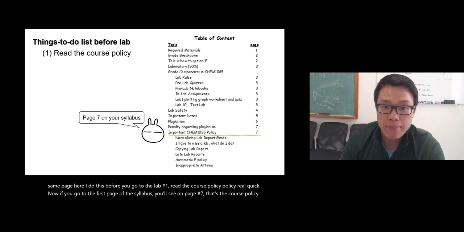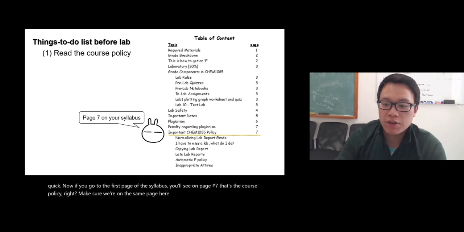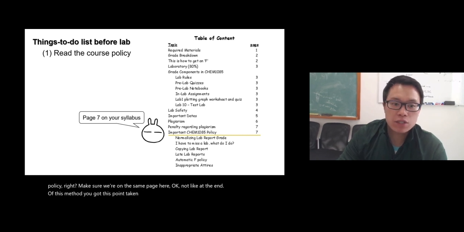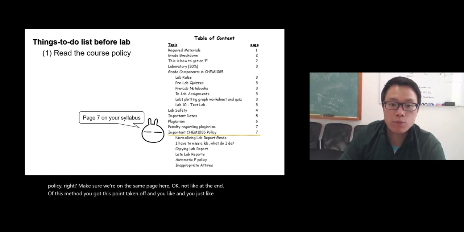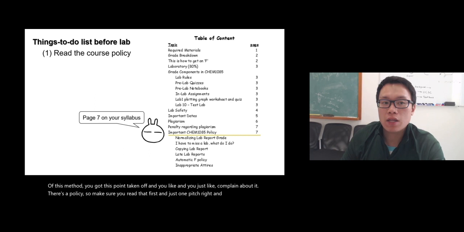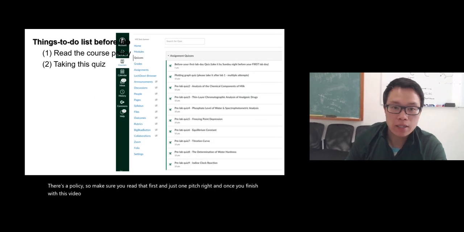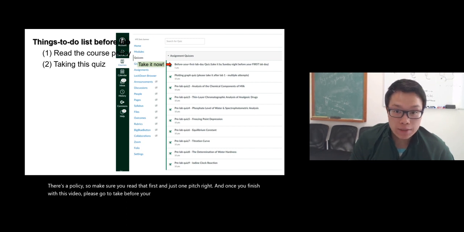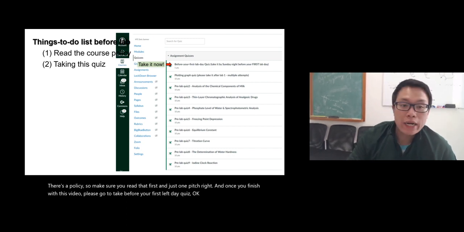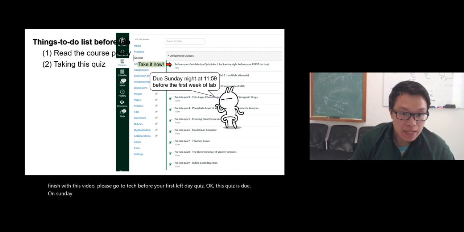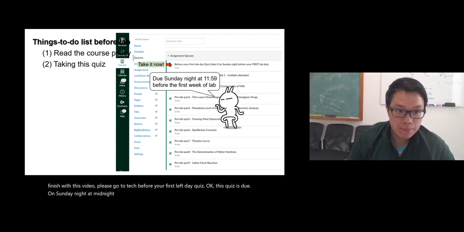Not that at the end of the semester you get points taken off and just complain about it. There's a policy, so make sure you read that first. It's just one page. And once you finish this video, please go take the before-your-first-lab-day quiz. This quiz is due on Sunday night at midnight before the first week of the lab.